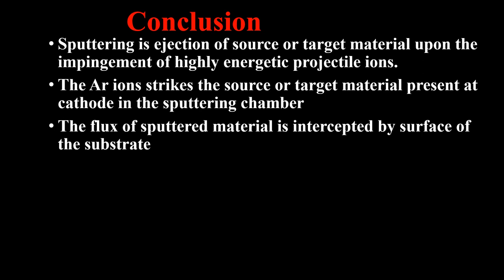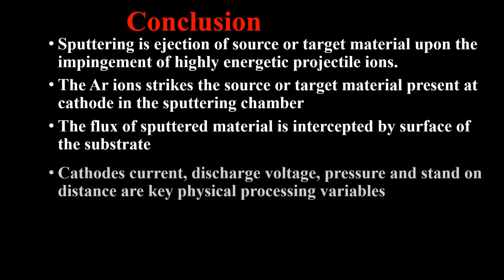The flux of the sputtering material is intercepted by the surface of the substrate. So both the flux of the sputtered material and the surface of the substrate on which the sputtered material will be deposited depend on each other, both are interdependent in order to get a thin film.